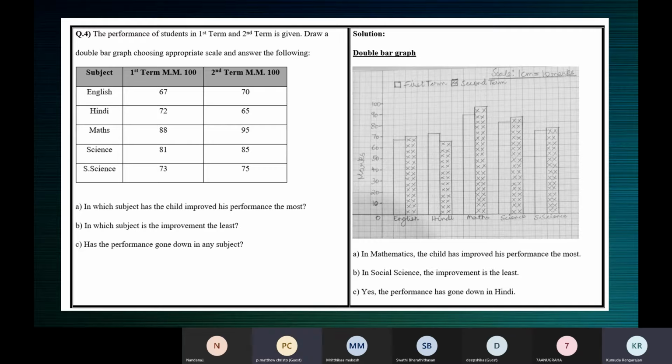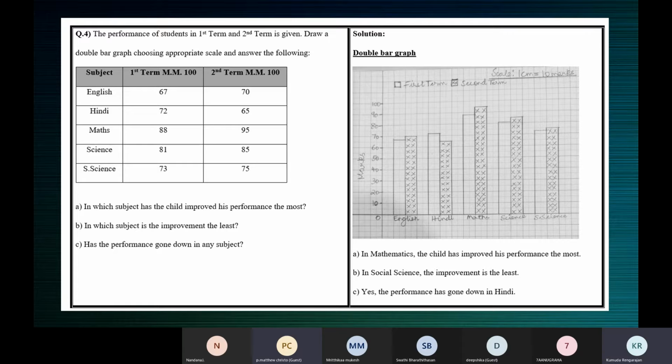Ma'am, one doubt. Yes. Ma'am, we are doing bar graph now, and for that we are doing first term and second term. In other types of graphs, we can't measure the second term also, ma'am. Ma'am, there are pictograph and line graph now.